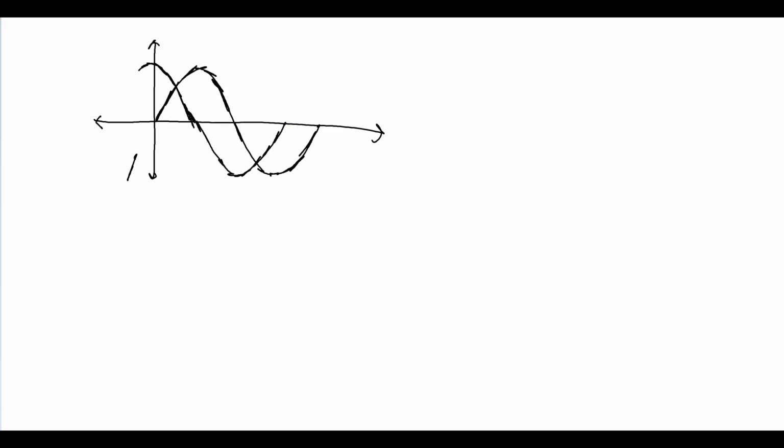And let's say we want to find the area of this blue region. What is the area of this blue region? So this is cosine of x. F of x equals cosine of x, and we have g of x equals sine of x. Okay, so which one is on top?